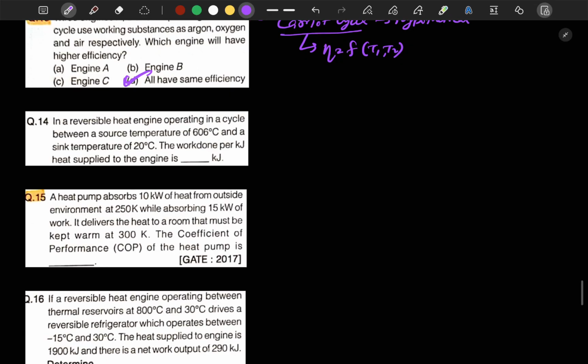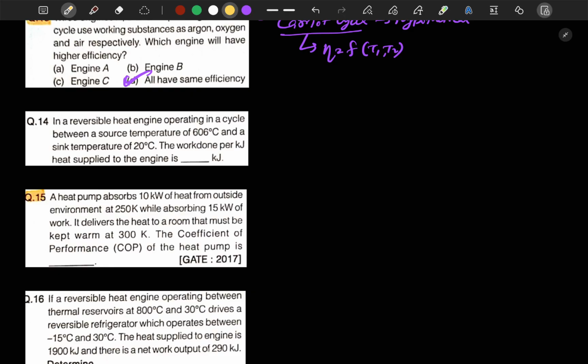Next, question number 14. In a reversible heat engine operating in a cycle between a source temperature of 606 degrees Celsius and a sink temperature of 20 degrees Celsius, the work done per kg of heat supplied to the engine is?